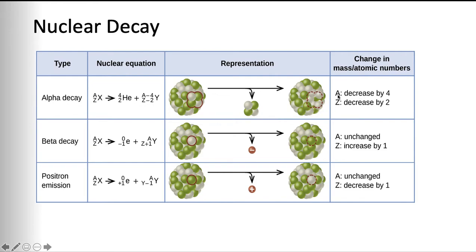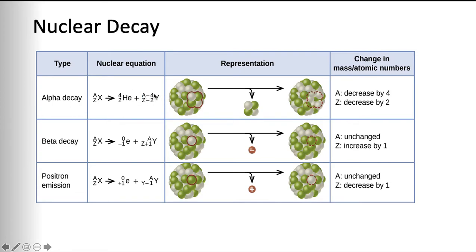That means that my mass number decreases by 4, because this is my alpha particle. It's got a mass of 4 and a Z of 2. So my new element that is formed will have the mass number of the original element minus 4, because that went with the helium atom.